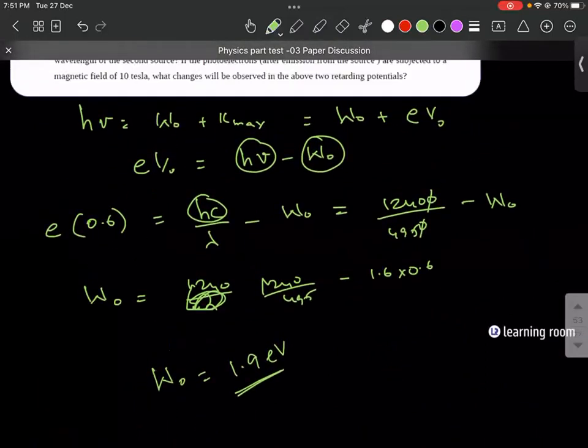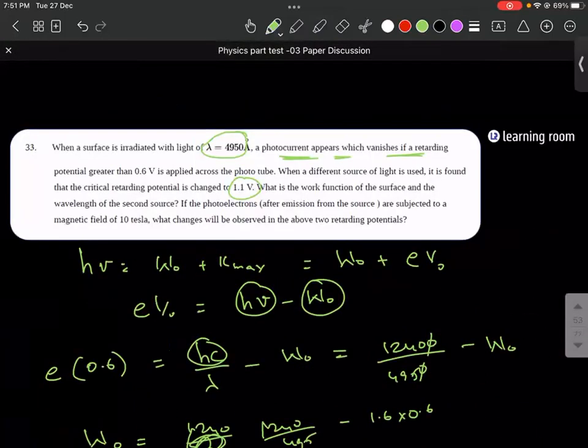Next, what are they asking? If the photoelectrons are subjected to a magnetic field of 10 Tesla, what changes will be observed in the retarding potential? Okay. So basically, in electromagnetic radiation itself, the electric field is the dominating factor.